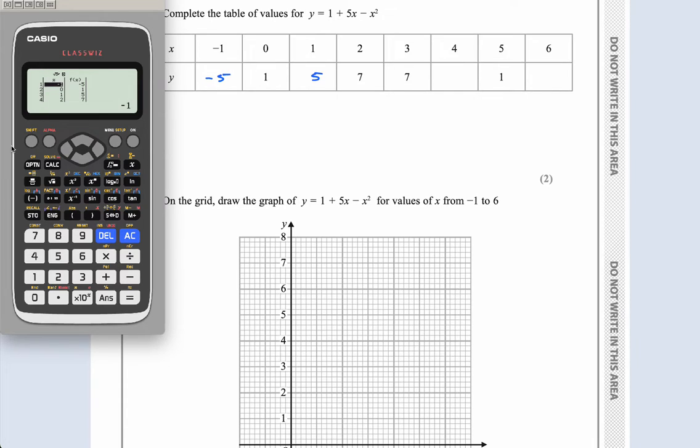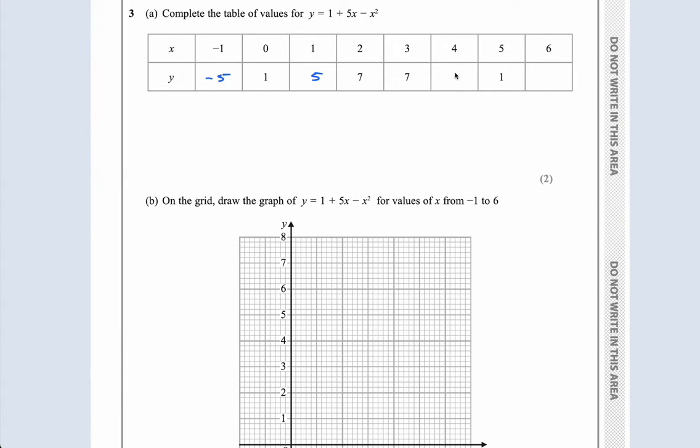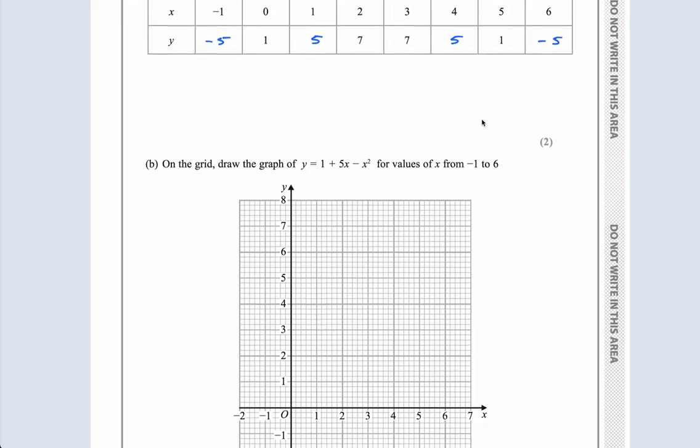No, that's not correct. Be careful, guys. -1, -5, 0, 1, 1, 5, 2, 7, 3, 7, 4, 5, 5, 1, and 6, -5. So this is 5, and this is -5. Okay, 2 nice easy marks.